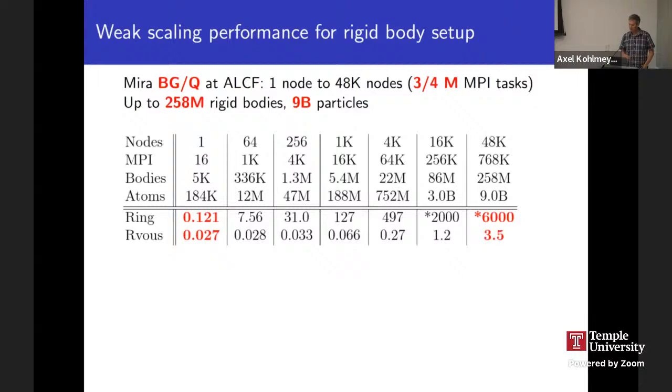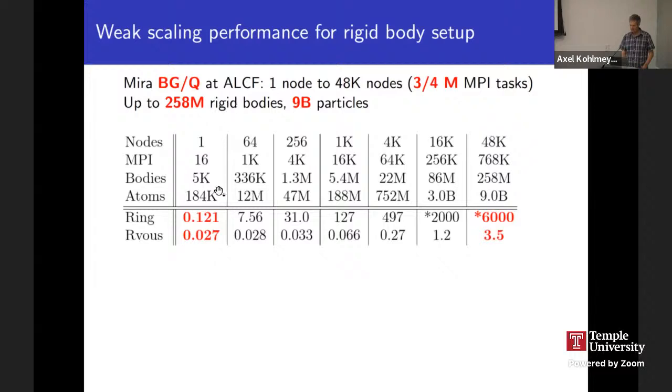So here are some performance numbers. This was on the biggest MPI-based machine, with no GPUs and not much threading. The biggest machine at the time was Mira, the Blue Gene/Q machine at ALCF a few years ago. I think it's since been decommissioned, unfortunately. I'm going to show you in this table timings in a weak scaling sense from 1 node up to 48,000 nodes. That's 16 cores per node, so that's 750,000 MPI tasks.